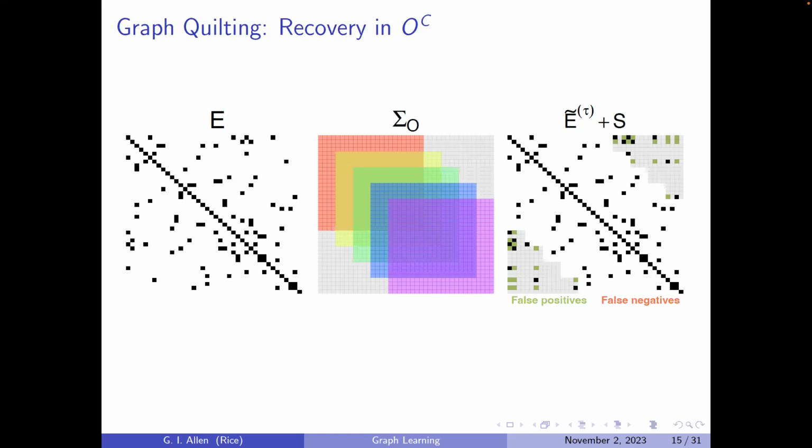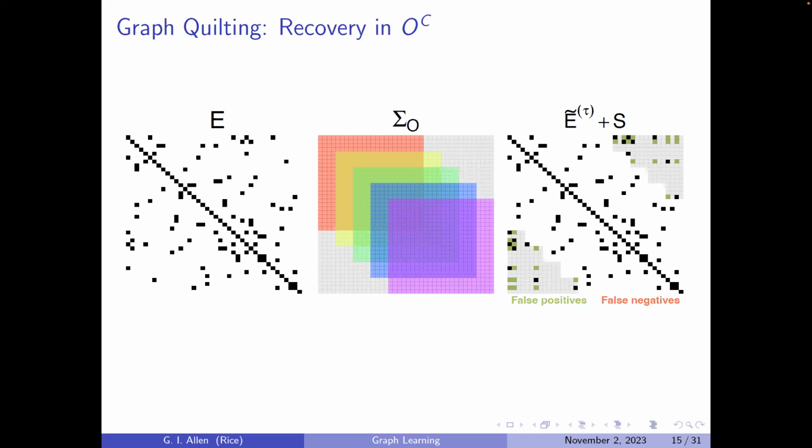The assumptions that are needed to get this superset are these path assumptions, right? If there is not an alternative path between the nodes, we can't detect it at all. So if there's 2 nodes and there's a missing edge connecting them in O complement, and there's no other path between those 2 nodes except through O complement, we cannot identify that edge in O complement.